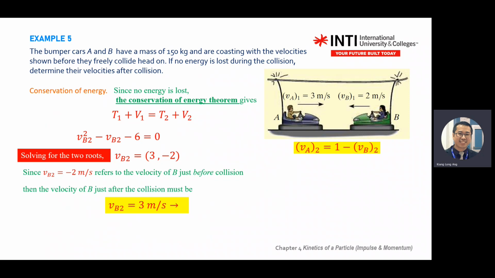If you draw this on the chapter 1 graph, the V versus T graph, you will get a positive smiling face. You'll get this graph. Sorry, it's V versus S, so you plot it on the graph.